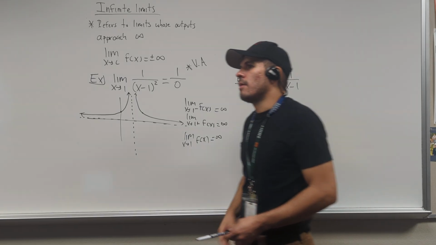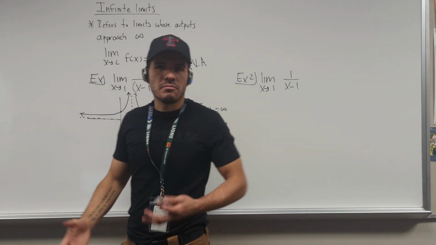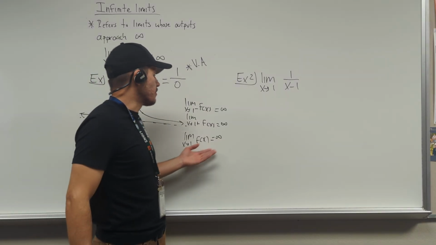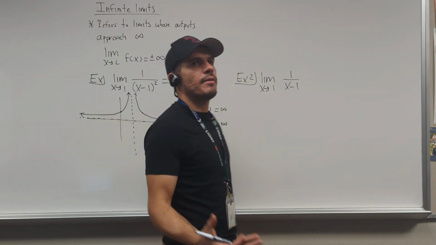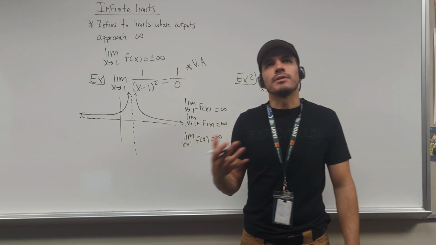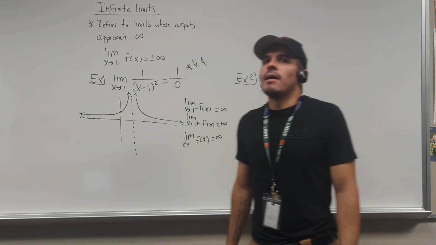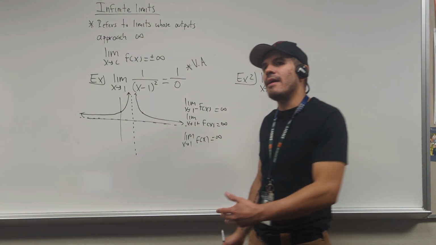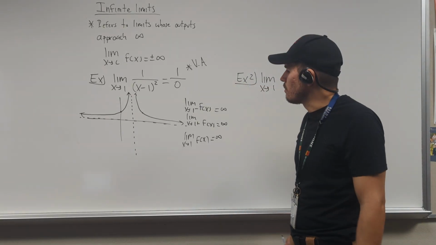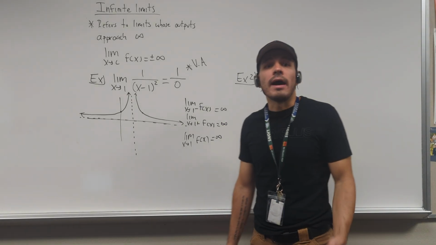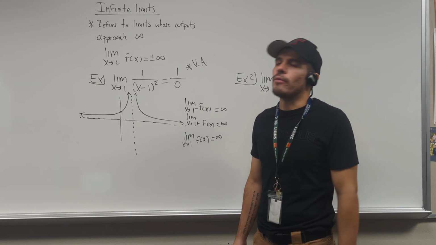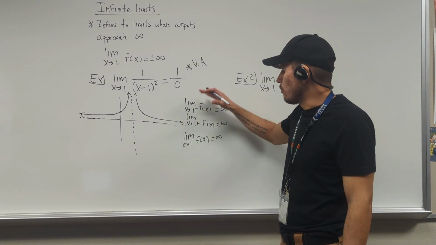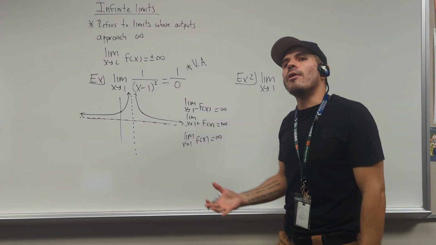Now, there's some textbooks out there, and I would say there's some disagreement overall of whether or not an answer can actually be infinity. Because by definition, a limit should be approaching a specific unique number. Infinity is not a unique number. So technically speaking, by that definition, we should actually say that the limit does not exist. However, I do personally believe that it is important for us to understand whether, I don't care if it's a one-sided limit or both-sided limits, if you are approaching infinity.